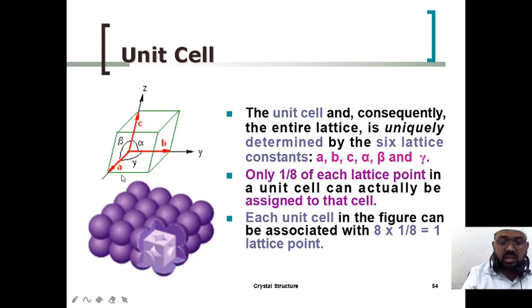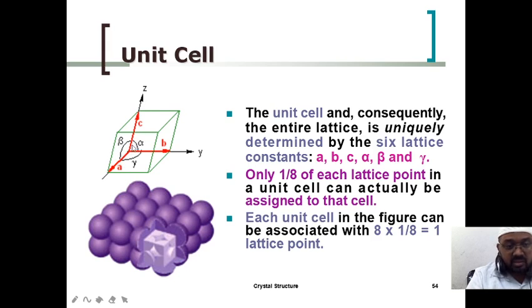So a, b, c. Why is alpha written here? See how I have indicated this angle alpha. This particular axis is the x-axis, and it is subtended by an angle alpha. And the y-axis, the negative direction of the y-axis, subtends the angle beta.